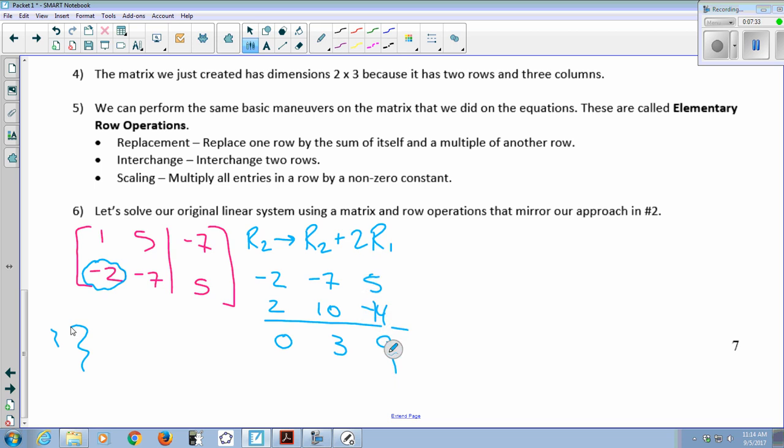Apparently I can't move it. Just leave it there. So 0, 3, 9, that's my new row 2.